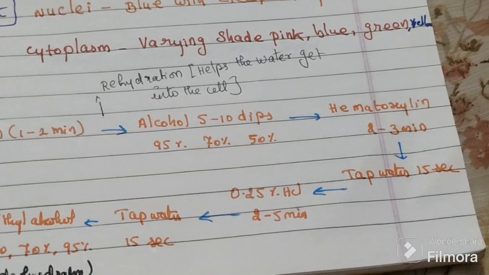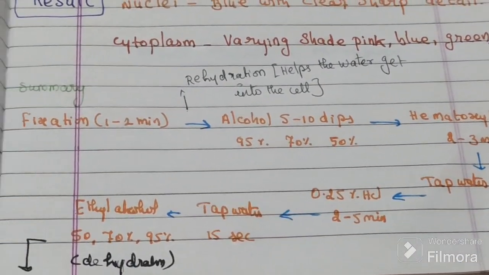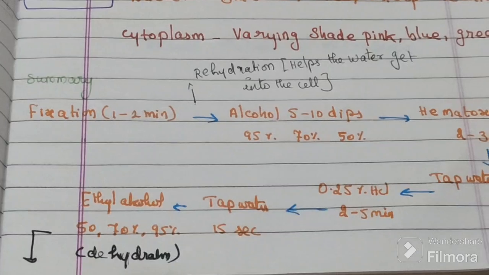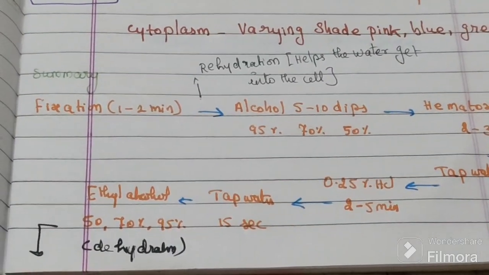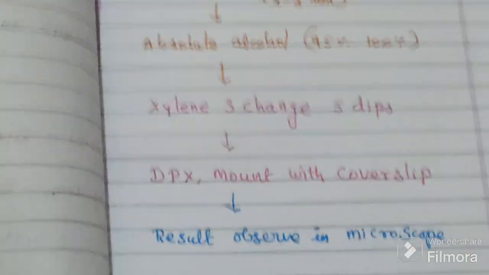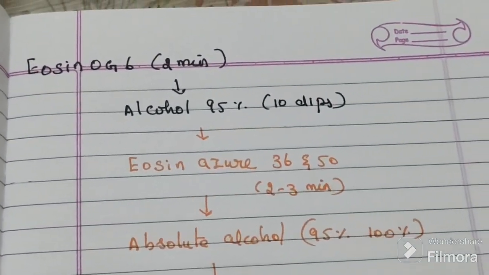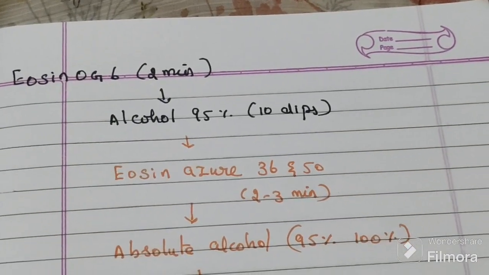Then 0.25% HCl 2 to 5 minutes. Then tap water for 15 seconds. Then ethyl alcohol, the dehydration process, 50, 70 and 95%. Then using OG6 for 2 minutes.